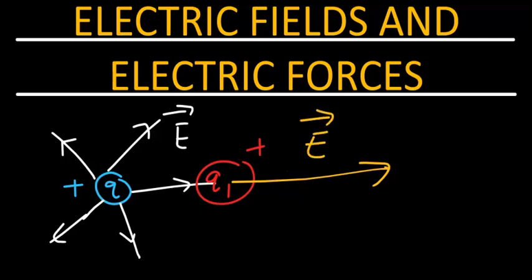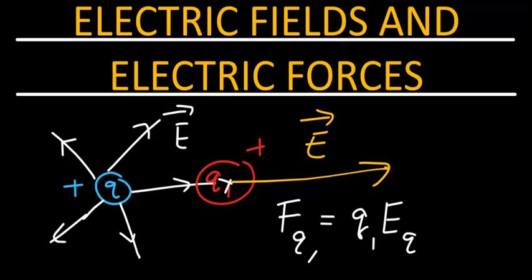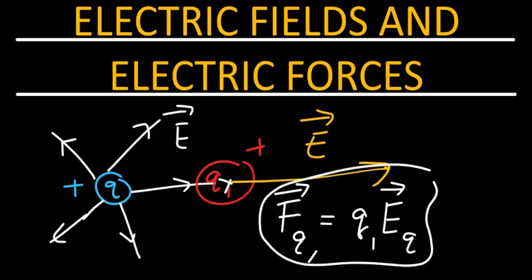So if Q1 is being repelled, there must be some kind of force acting on Q1 due to the charge Q. And that force on Q1 is given by the following expression. It is the strength of Q1 in Coulomb times the electric field produced by that charge Q at the distance where Q1 is located. Now, since we know the electric field is a vector quantity and force is also a vector quantity, this defines the complete equation, the vector equation that defines the force, the electric force.